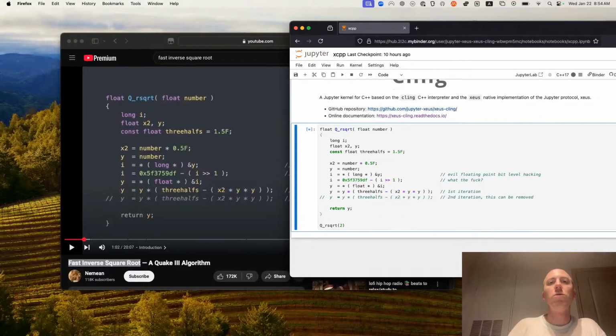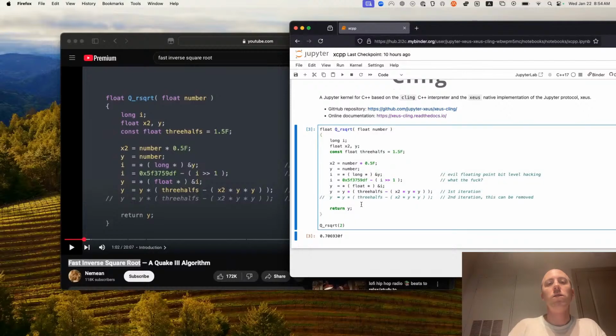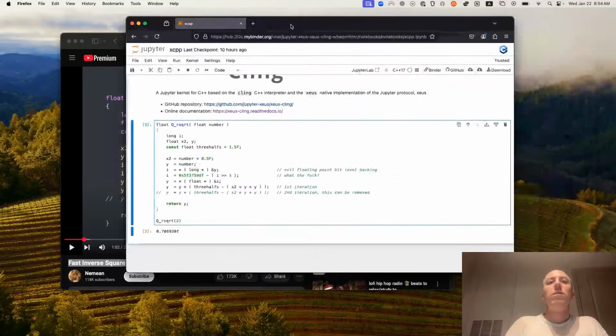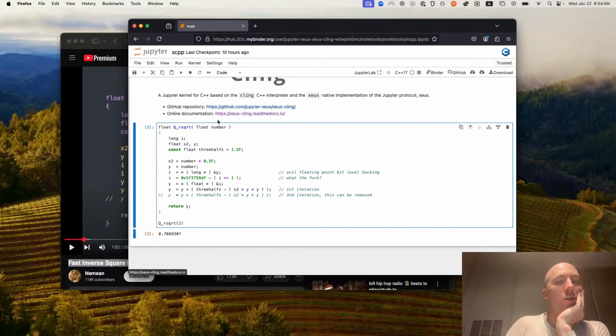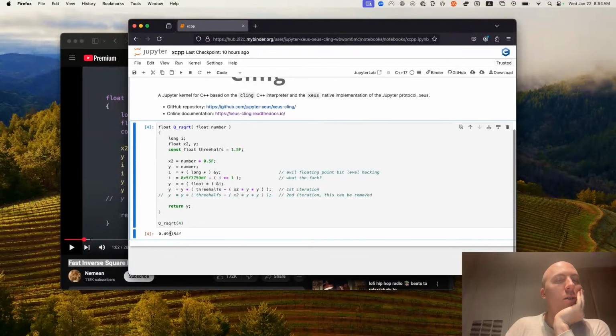Fast inverse square root of 2. So let's see what we think that should be. Oh, how about 4? Like a more round number.